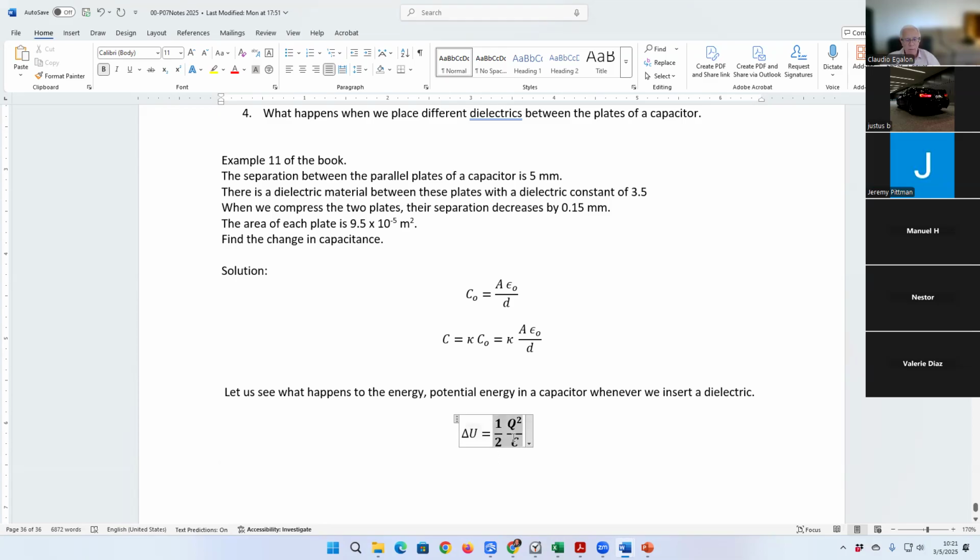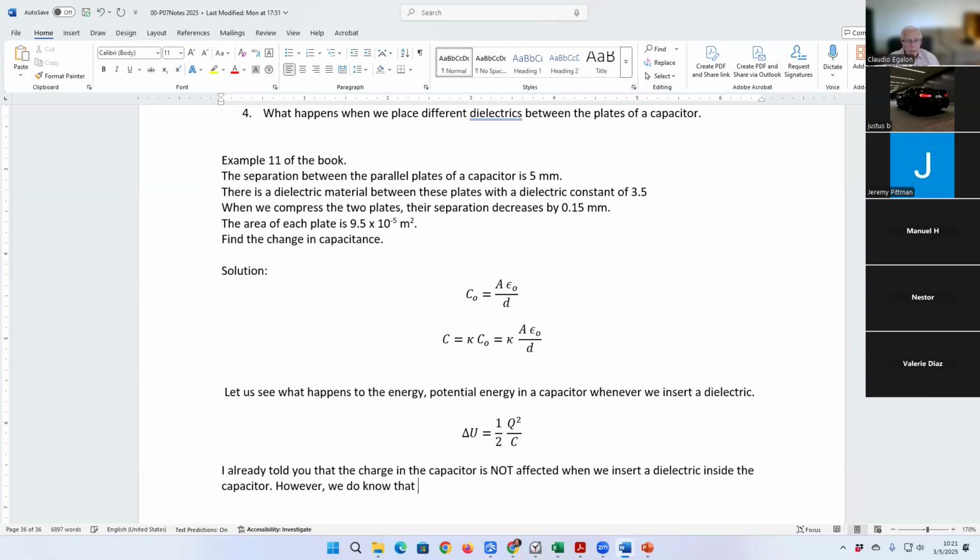Half Q squared over C. I already told you that the charge in the capacitor is not affected when we insert a dielectric inside the plates, inside the capacitor. However, we do know that the capacitance changes, increases, right? Capacitance increases.